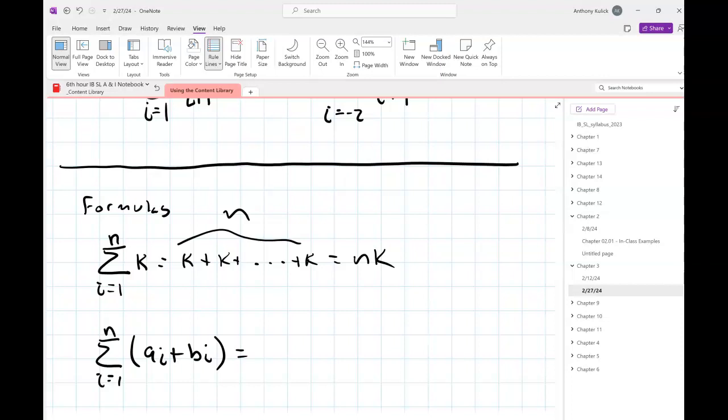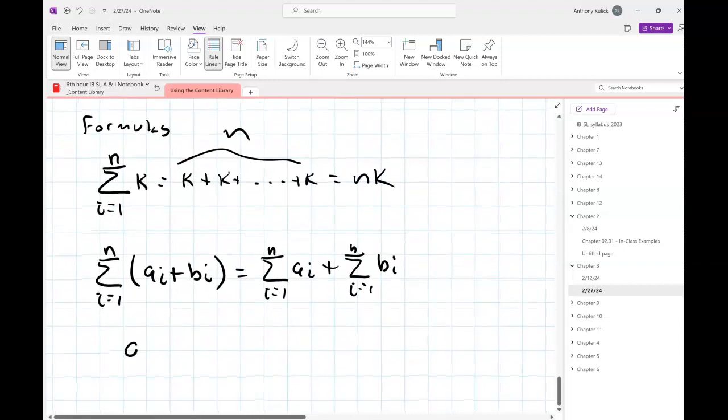Let's say I have the sum of two separate sequences, and I want to do the sum of those two. Guess what you can do? Sure. You can distribute the summation symbol. Which shouldn't be a surprise, right?